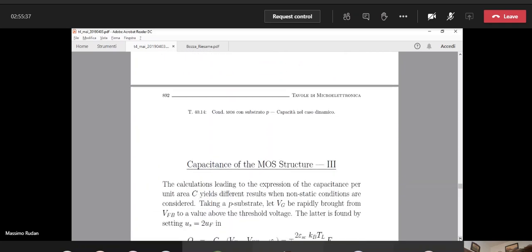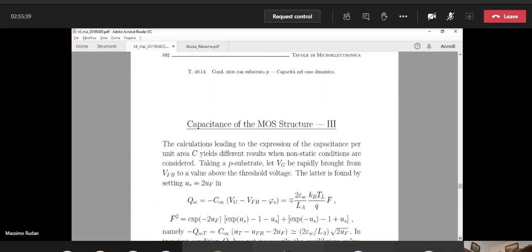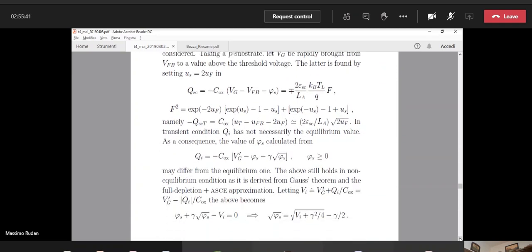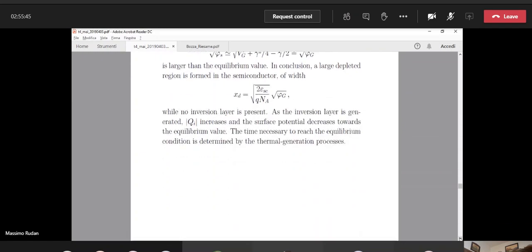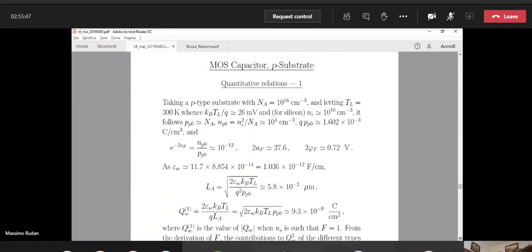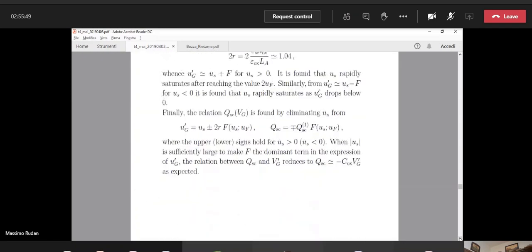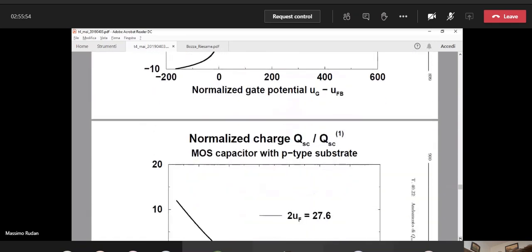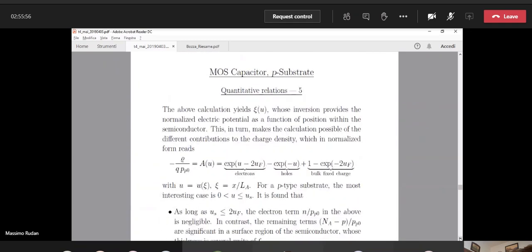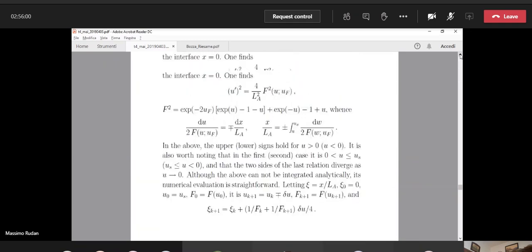It is also easy to calculate, there must be some figures somewhere. Okay, they are too far away. We shall find them later.